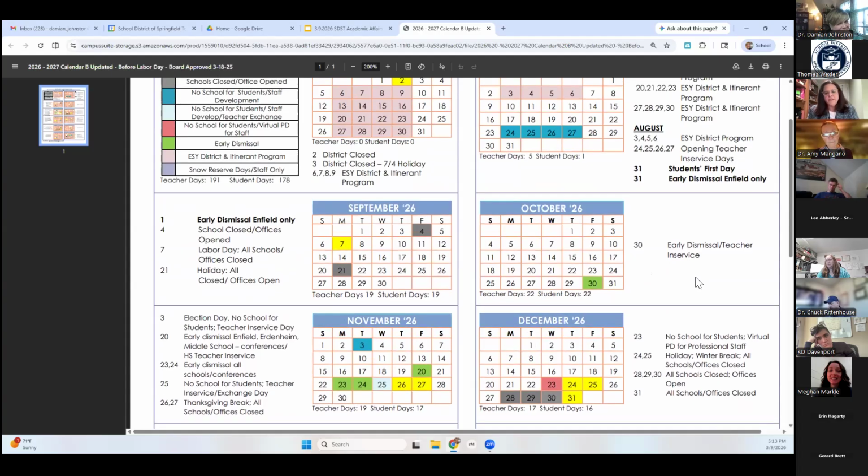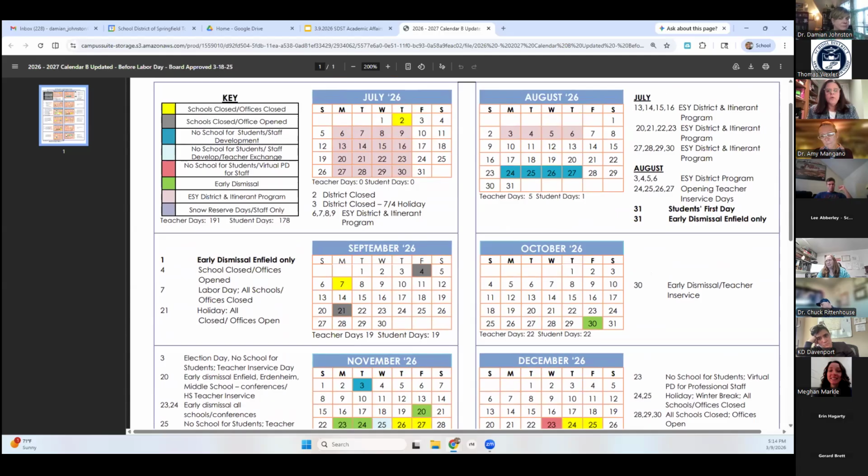The reason for that is that Labor Day starts quite late in the next 2 school years. Next year is as late as it can go, which is Tuesday, September 8th. So you'll see for next year and the following year, we will actually start school prior to Labor Day in order to hit that June date.